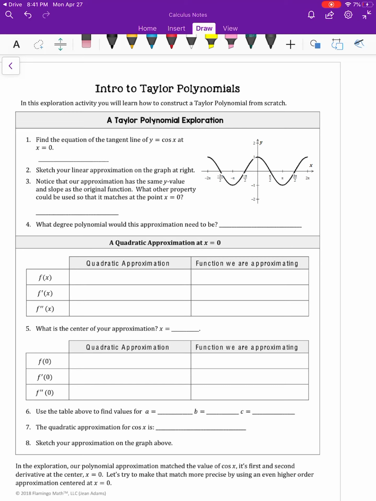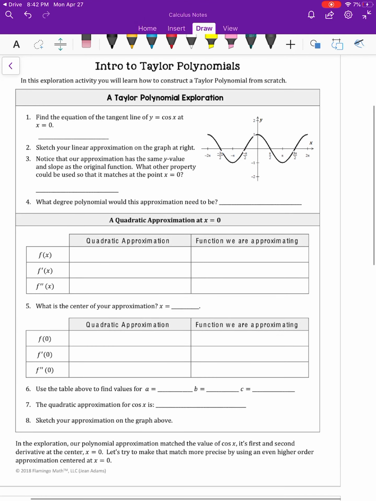So basically what you're doing is taking a function and using calculus to make it a polynomial function where the graphs look exactly the same for either 1 point, for an interval of points, or for all points. So those are your 3 choices. But what we're going to learn here is just what it looks like.